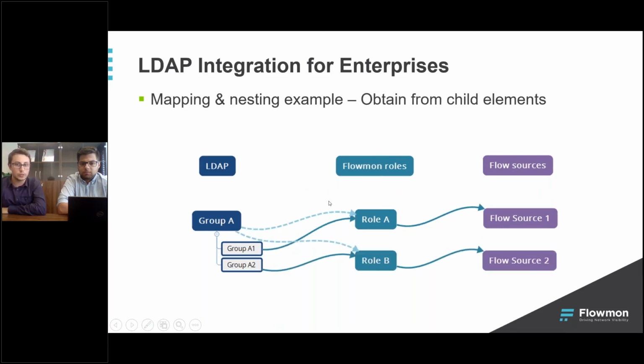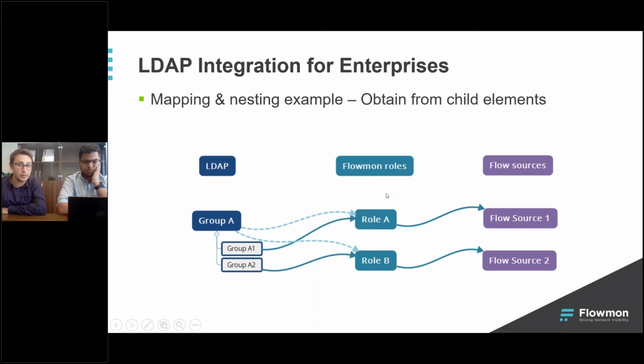The second option is the obtain from child option, and it works similarly but quite differently. You have a group A, and this time it's not mapped to any specific role, but you have child groups, group A1 and group A2, and they are mapped to two different roles in Flowmon, which again have access to specific flow sources.